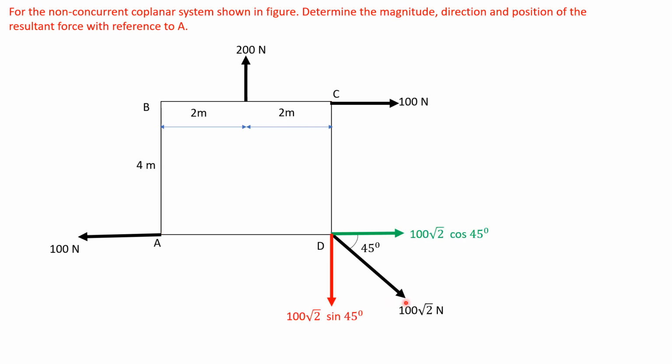Now, resolving this 100 root 2 Newton force horizontally and vertically, it will be 100 root 2 cos 45 degrees horizontal component and 100 root 2 sin 45 degrees vertical component.